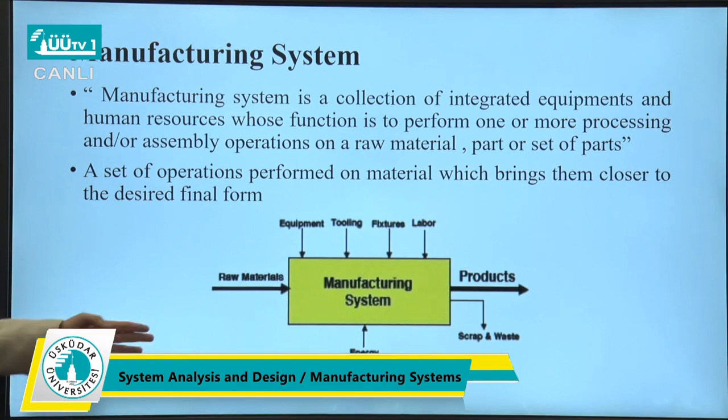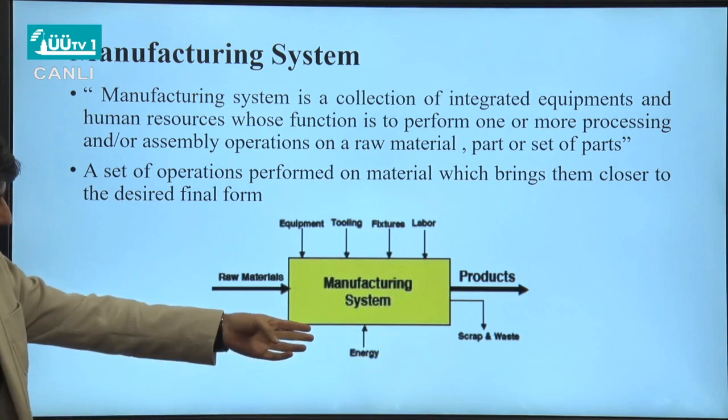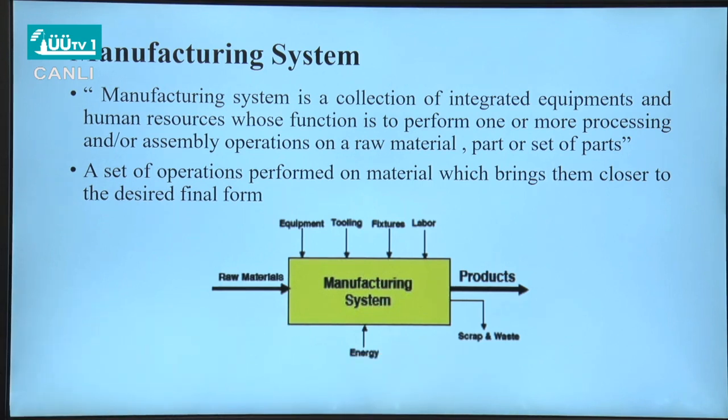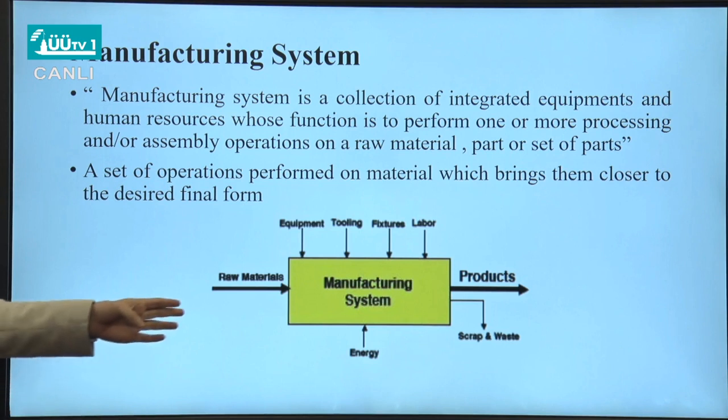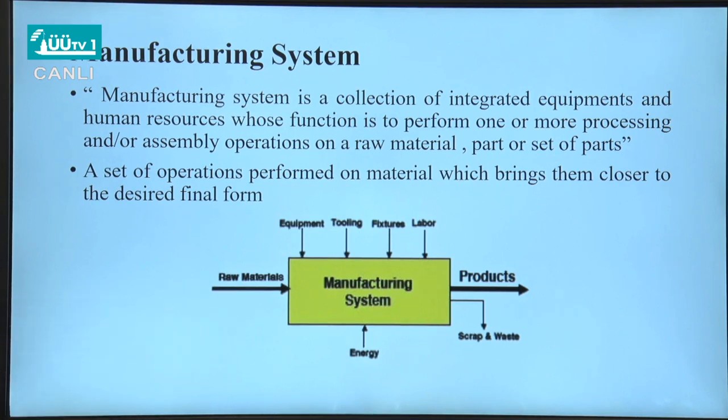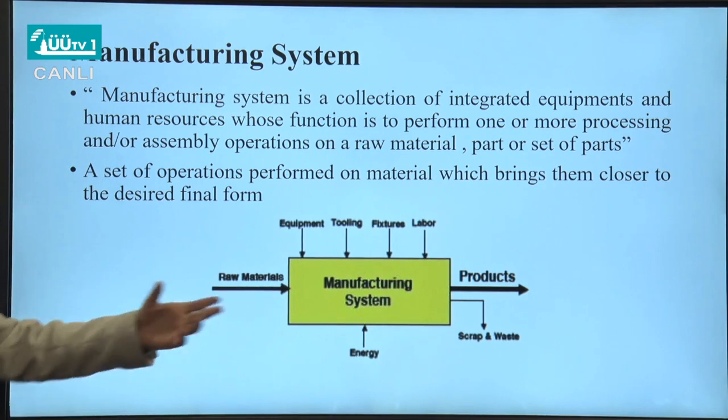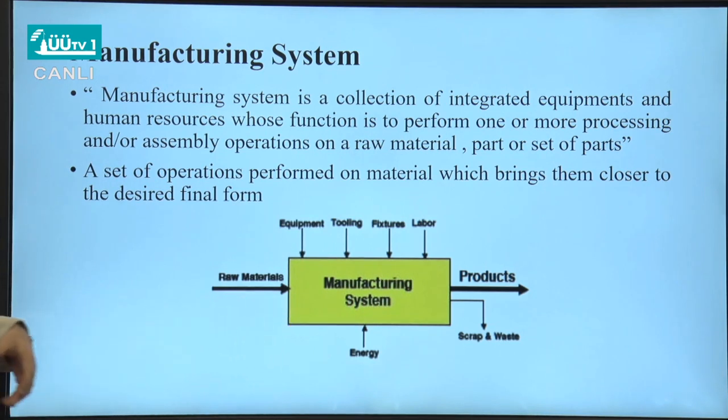So when we look at the shape given here, as an input, the raw materials enter the manufacturing system, and there is a black box that we call the manufacturing system, and the process goes on under this system, and the products come out as an output.